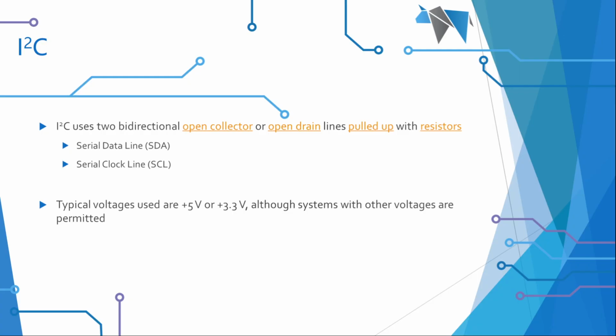Why that's important is that if the lines get pulled high by resistors, it means you can have more than one device on the bus on these two lines called the serial data line, SDA, and the serial clock line. And because these pull-up resistors exist, the clock can be controlled. The communication can be controlled. It's a very simple protocol.